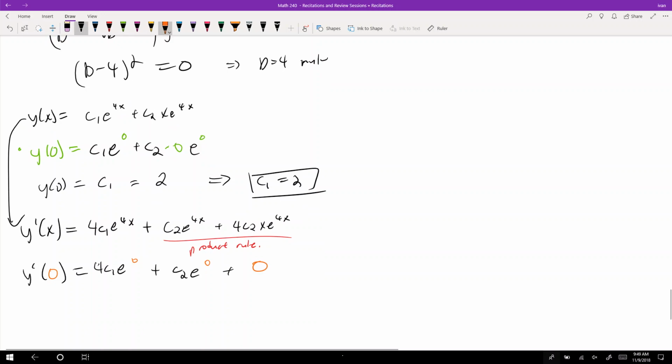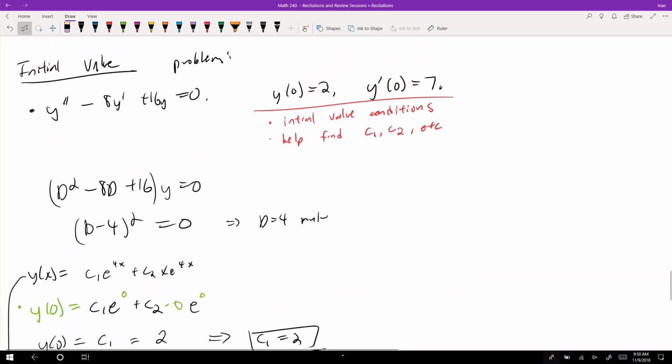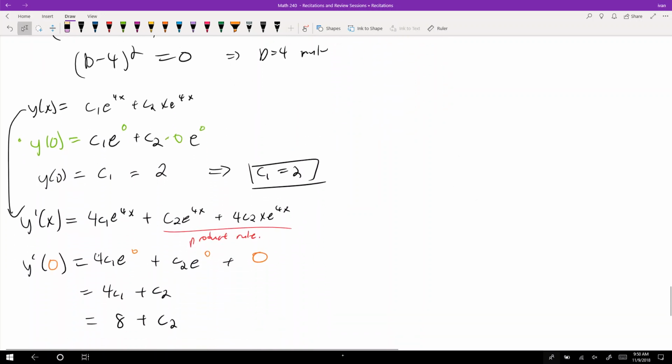So now this is equal to 4c1 plus c2. But what is c1? 2, we solved it above. So this is 4 times 2 plus c2. And what is y prime at 0? 7, it's in the problem. So this is all equal to 7.